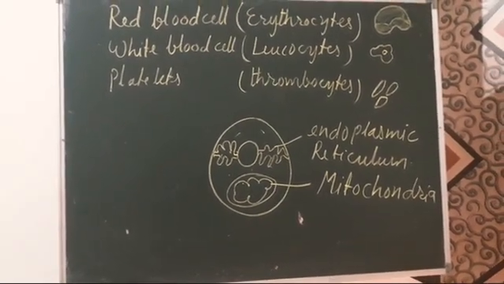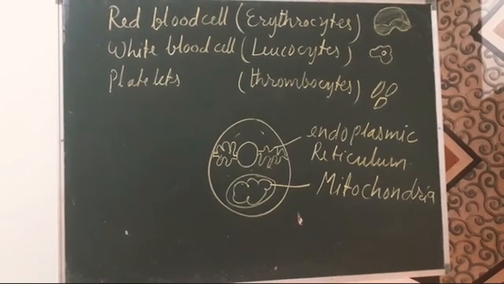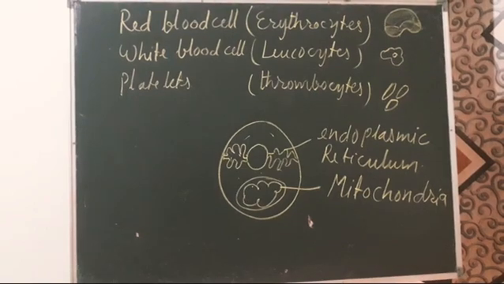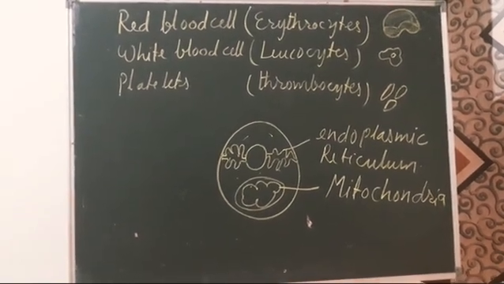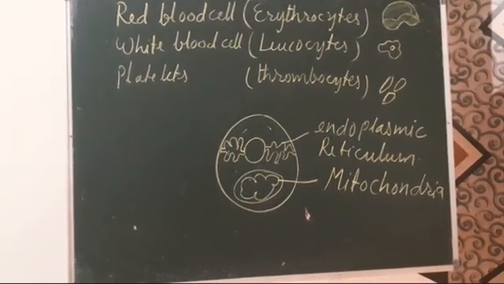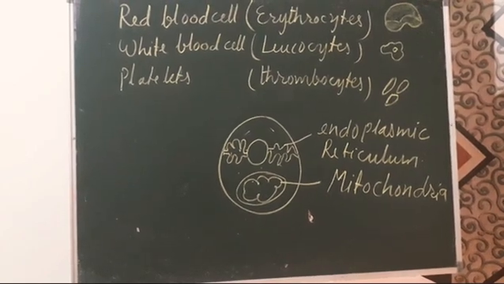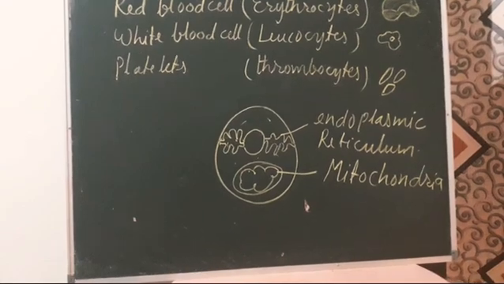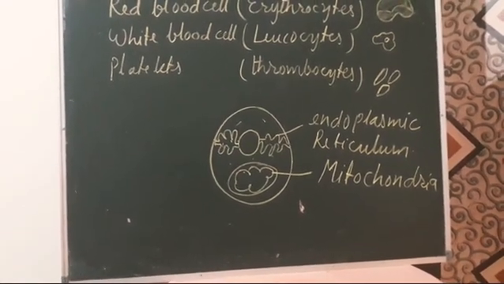So sometimes you will be asked to give reason why there is no nucleus found in RBCs, no mitochondria is found, no endoplasmic reticulum is found. For this, I have already explained the whole reason to you.